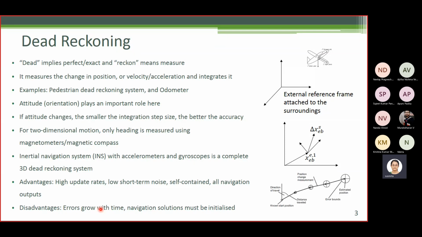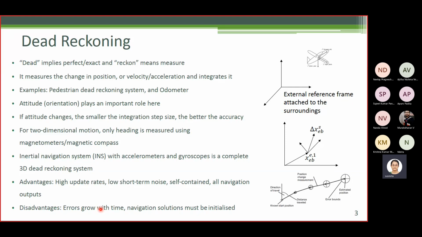Why does the error grow with time? This is because we are finding change in position. So we have some previously computed position which is not accurate, which has some error to it. To that, we are adding some change in position, which we obtain by making some measurement. So change in position also has some error in it, and we are adding these two quantities.